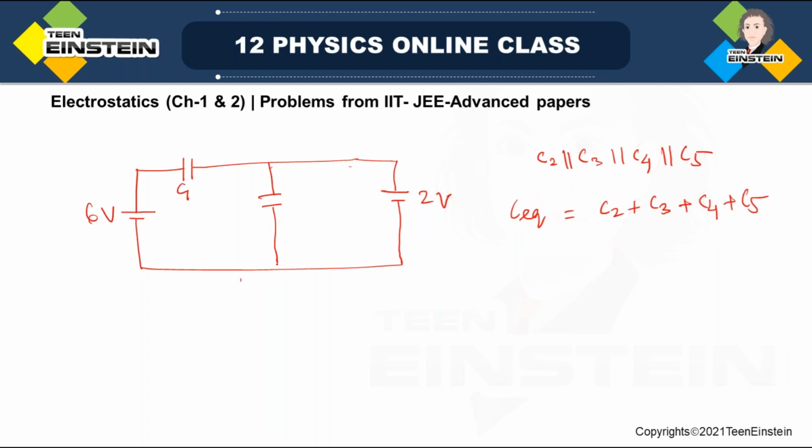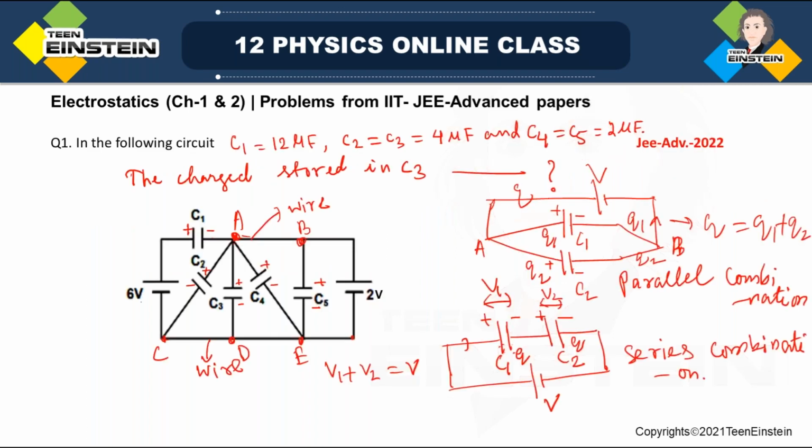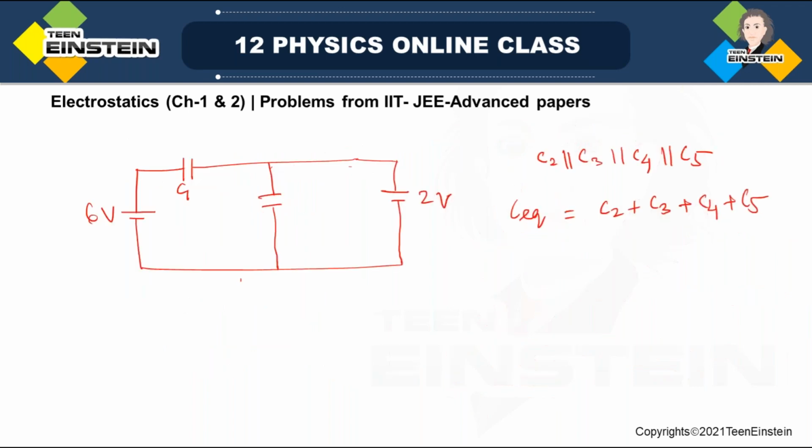If I do that, what capacitance will this equivalent capacitor have? See, I have C2, C3, both of them are 4, and these two guys are 2. So I have 4 into 2 plus 2 into 2. Okay, so this is microfarad.